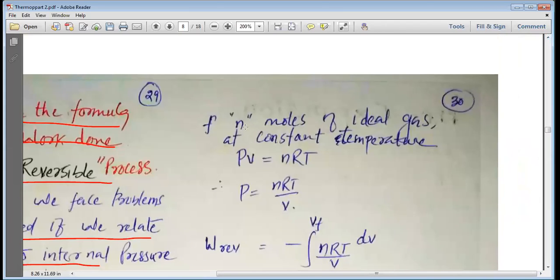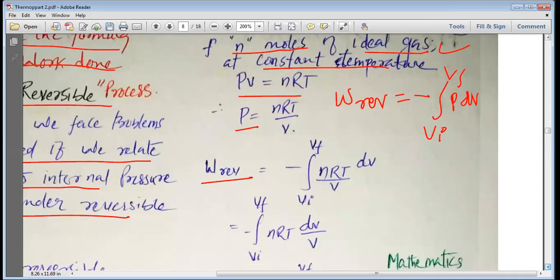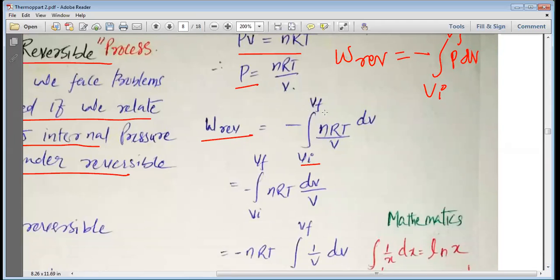Now here, if we take n moles of ideal gas at constant temperature, we are very well aware that PV is equal to nRT. Remember that I am talking about the ideal gas, and therefore for P we can write P is equal to nRT upon V. Now we have seen that work reversible is equal to minus integration P dV for the change of volume from V initial to V final.